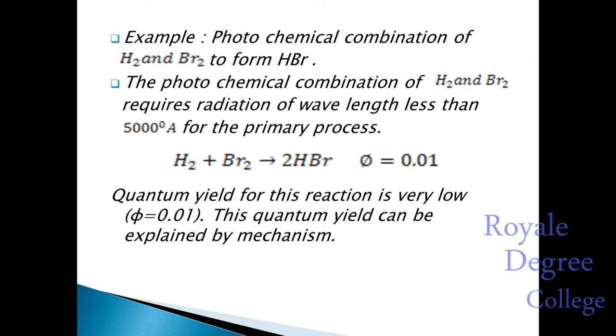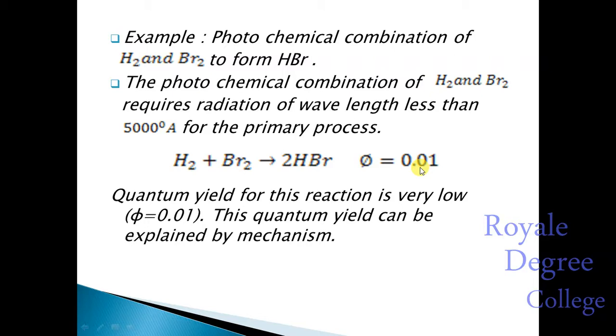Here you can see the reaction, hydrogen reacting with bromine, and we will get 2 moles of hydrogen bromide. This is a photochemical combination. In the presence of light this reaction will take place, and the phi value, that is the quantum yield, is here 0.01. So the quantum yield for this particular reaction is very low.